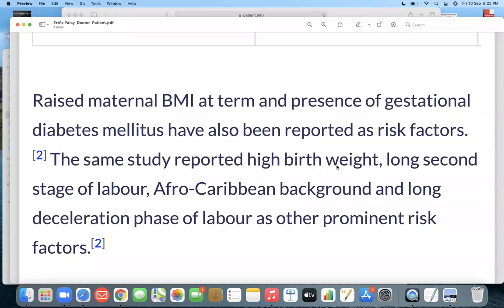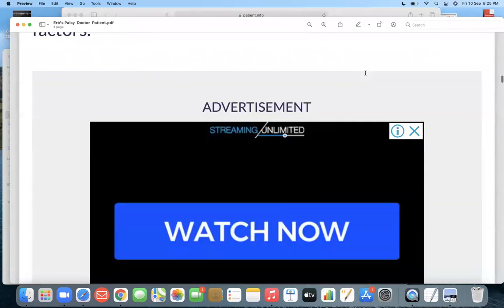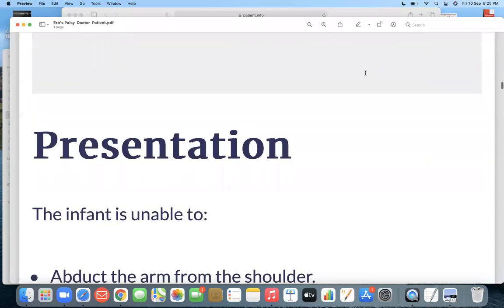Again high birth weight, macrosomia, long second stage of labor, so we can say difficult labor also. So in 50% of the cases, shoulder dystocia is the commonest cause.